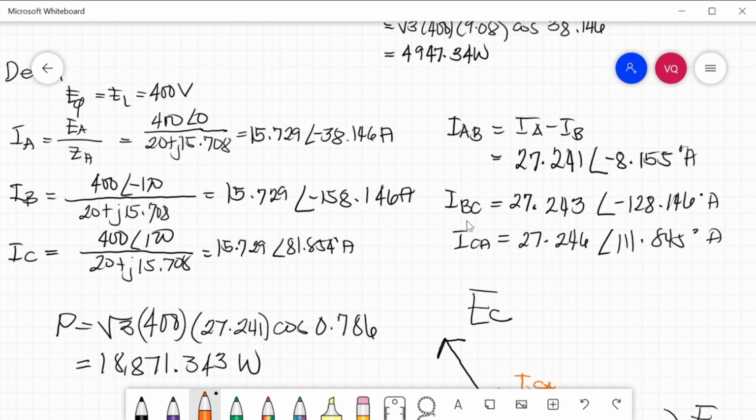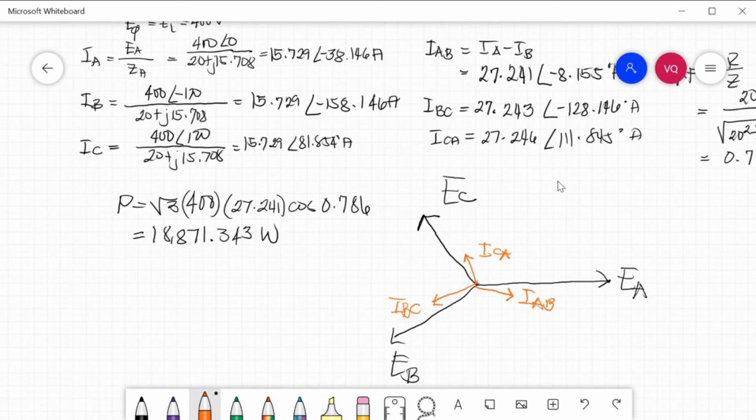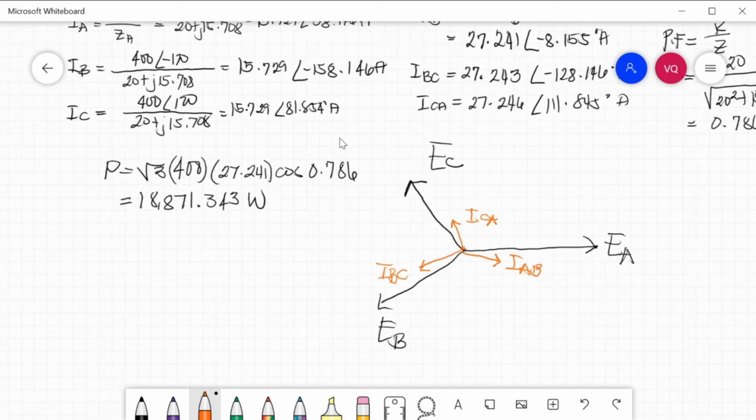For IBC, that is IB minus IC, 27.243 angle negative 128.146 degrees amperes, and ICA is 27.246 angle 111.845 degrees amperes. For power, we have square root of 3 ELIL cosine theta.